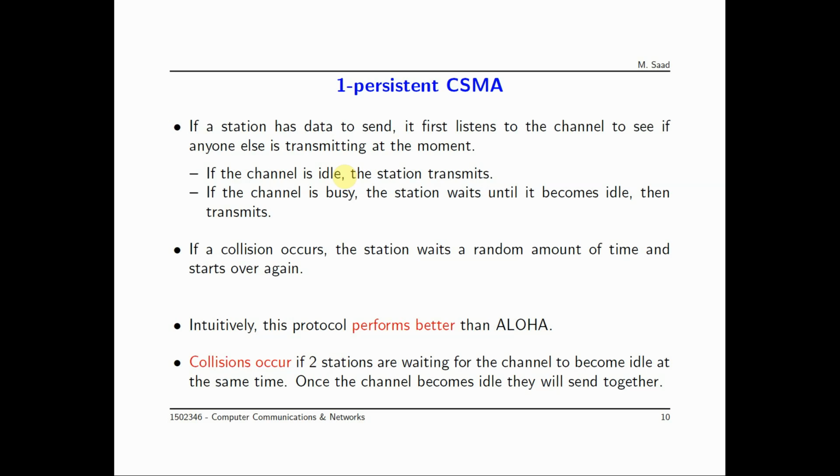They sense the channel, they find it idle, they will send together, isn't it? So collisions are not avoided altogether. However, as compared to the Aloha protocols, the number of collisions is reduced. That's why one persistent CSMA has a higher throughput than Aloha in general.